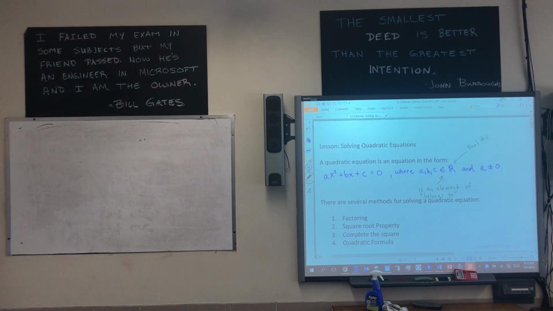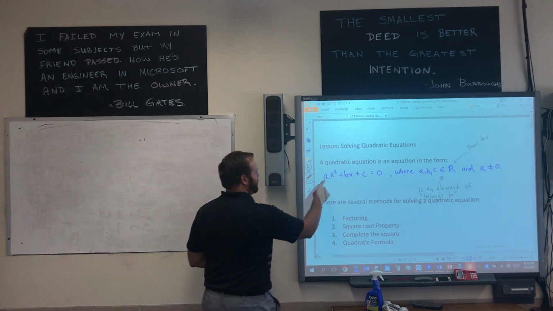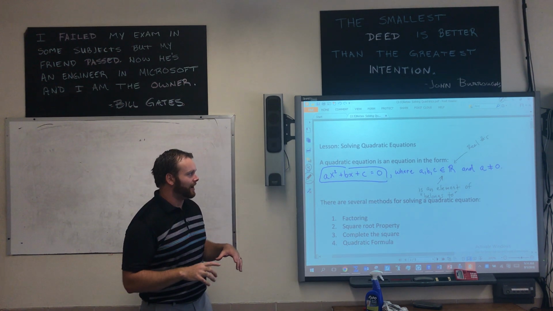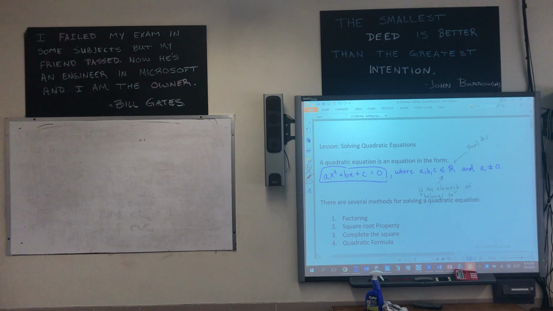When we go through and prove the quadratic formula, I don't know if you guys did this last year, we will actually start with that as our beginning object, and we'll work through completing the square on it. When we complete the square on that, it develops into the quadratic formula.